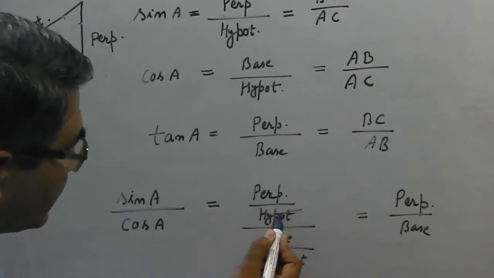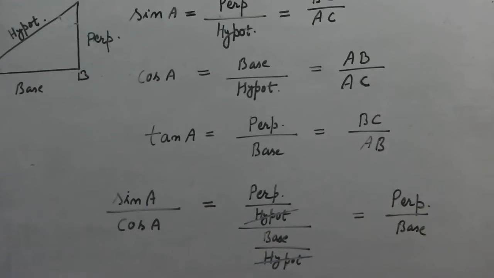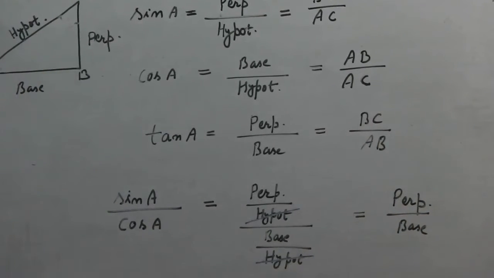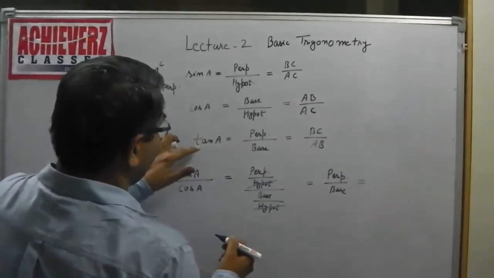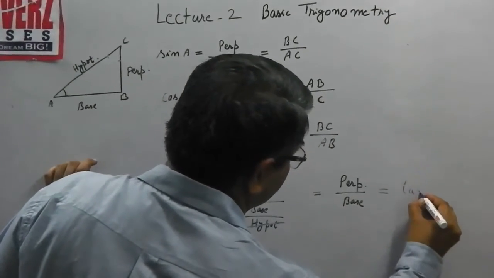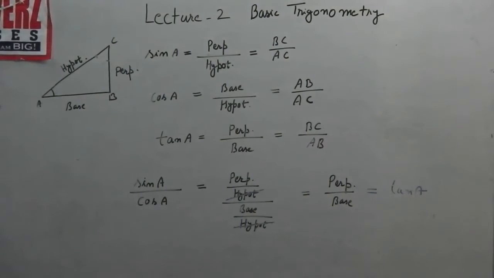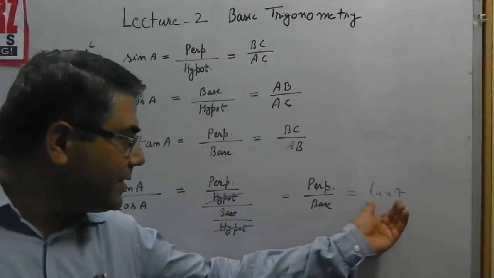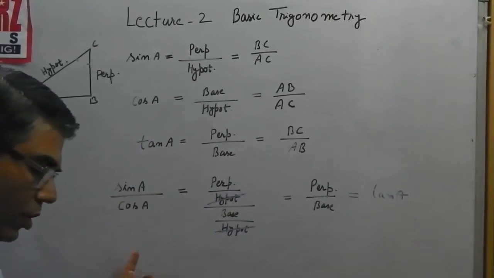These hypotenuse will cancel out and you will be left with perpendicular over base, and this is nothing but your tan A. So now we have another relationship with us. Tan A is equal to sin A over cos A.